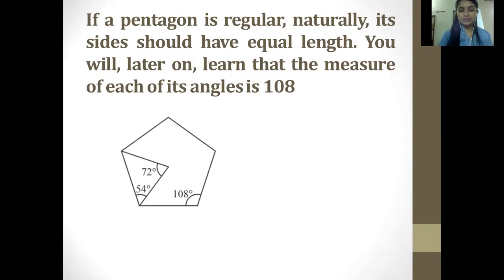Here's a pentagon which has been shown to you. If we consider one side of it which is making a triangle, let me draw here, the angle here would be 108 degrees.